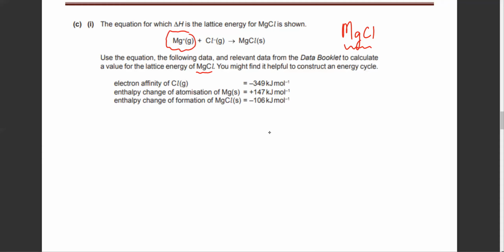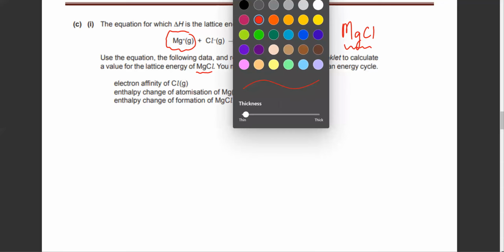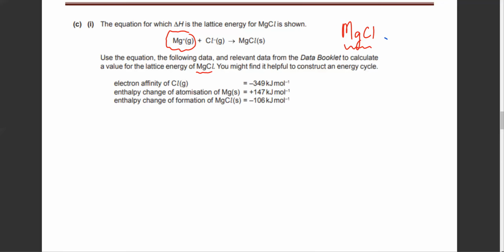If he's saying that Mg is plus 1, we're going to continue with Mg plus 1. Everything is given. You have to find the lattice energy of, remember, specifically MgCl. So starting with the enthalpy of formation, Mg solid and Cl2 gas would react together to form MgCl.